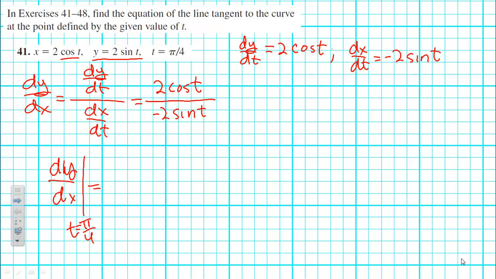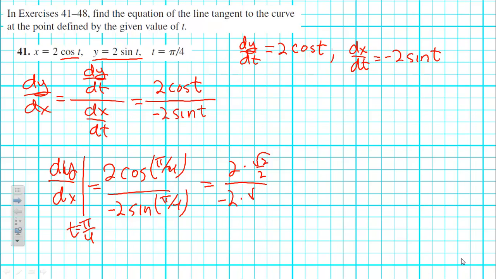That looks to me like it's going to be 2 cosine of pi over 4 divided by negative 2 sine of pi over 4, which is going to be 2 times root 2 over 2, divided by negative 2 times root 2 over 2, and that looks to me like a big old negative 1. What does it look like to you?